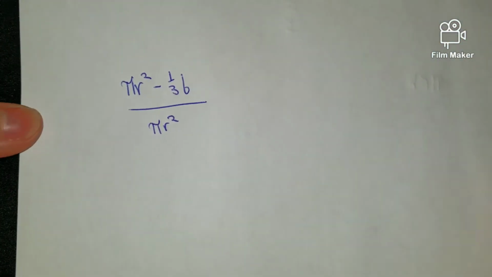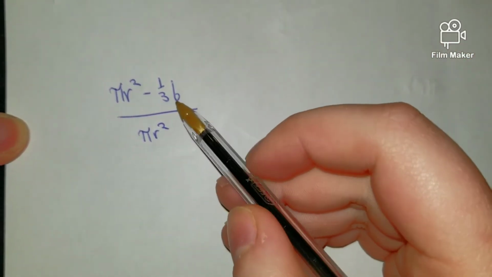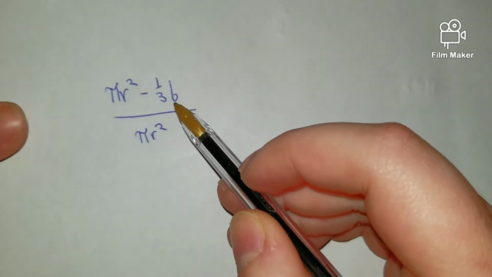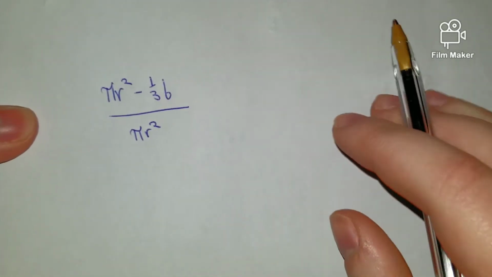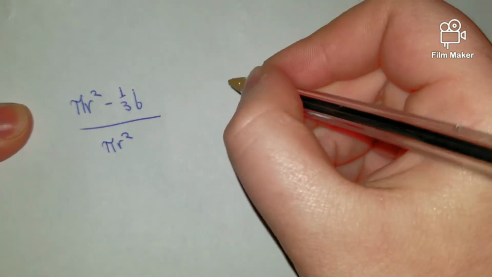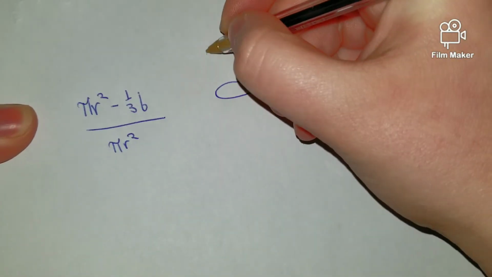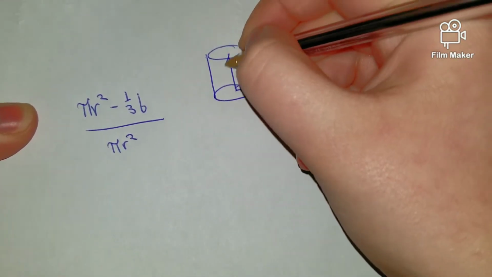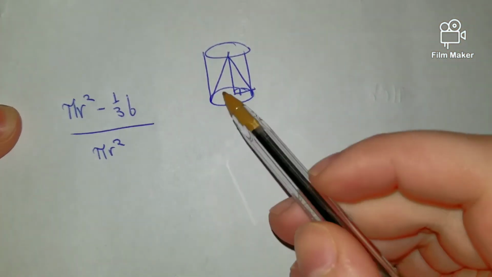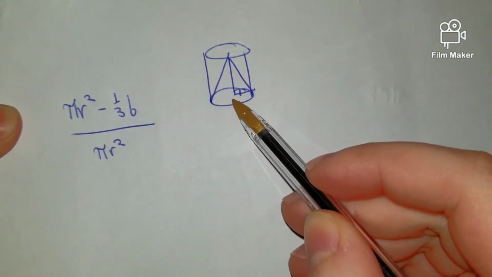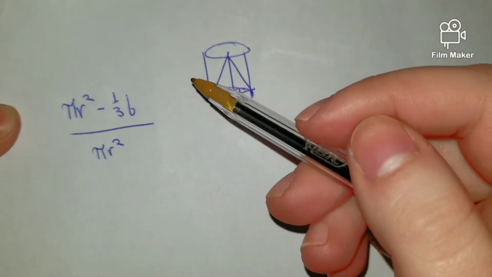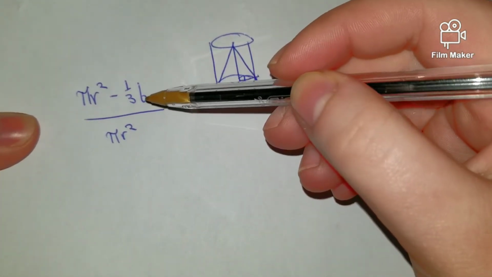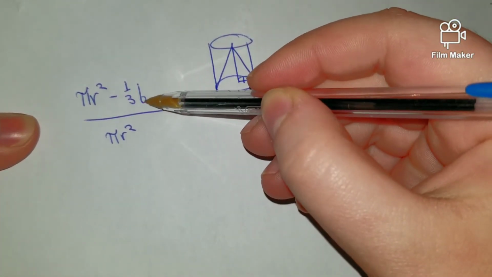Now, because we know that the base is one of the circles from the cylinder, I can redraw it here for you guys. Right, there's a quick sketch for you. Since we know that this circle is the same base for the cylinder and for the cone, we can go ahead and plug in pi r squared.